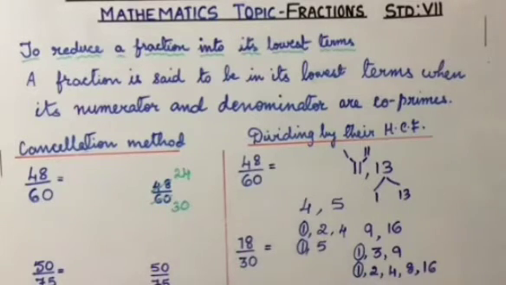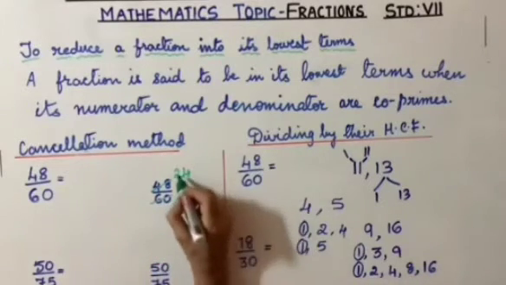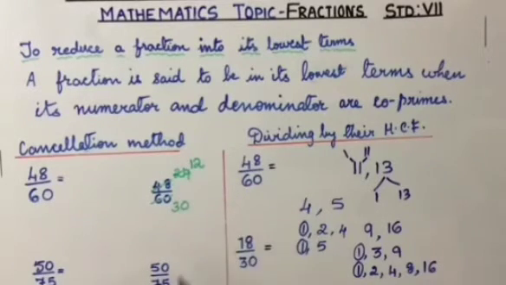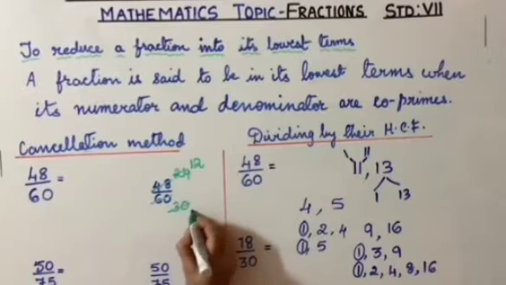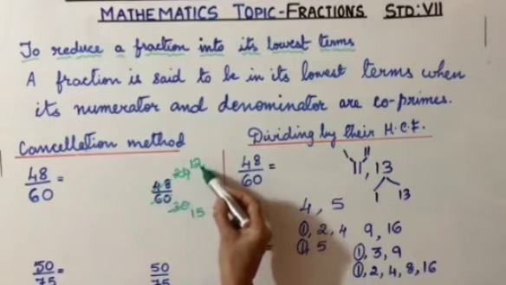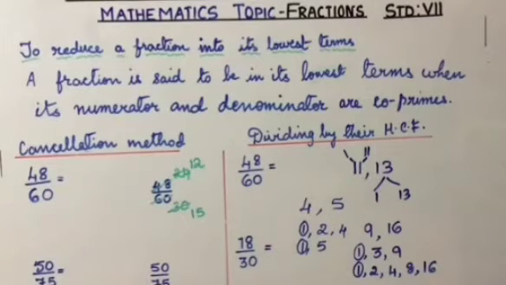The next number, you can either take 2 again, or you can take 3 also, or you can take 6 also. If you want to go in steps, you can go in steps. So again, 2 12s are 24, 2 15s are 30. Do you all agree? Again, check.